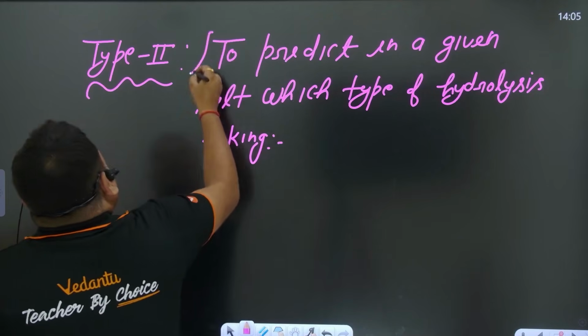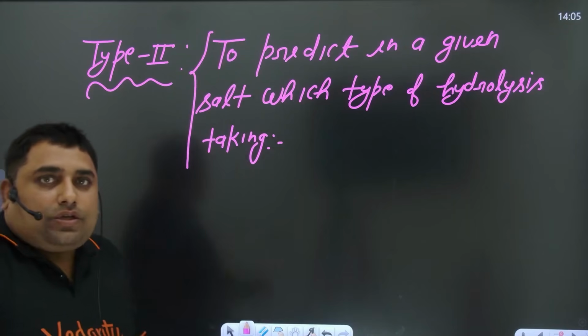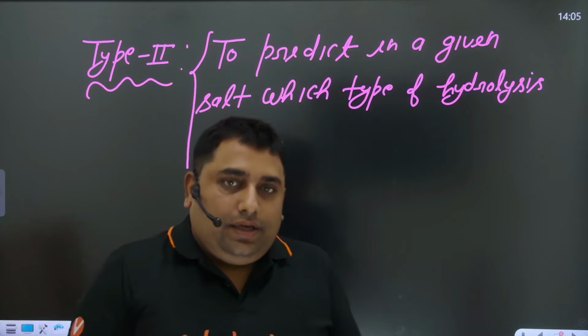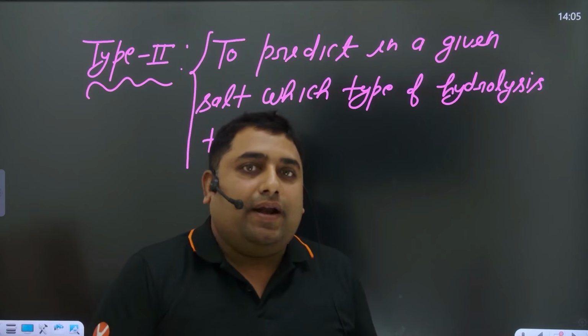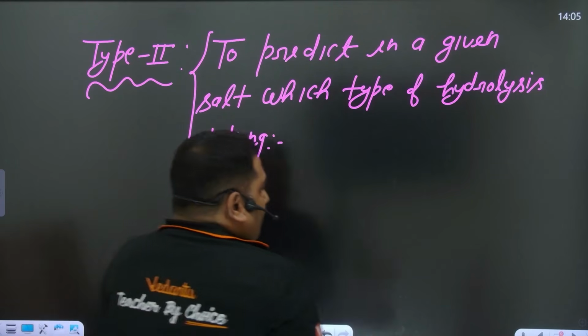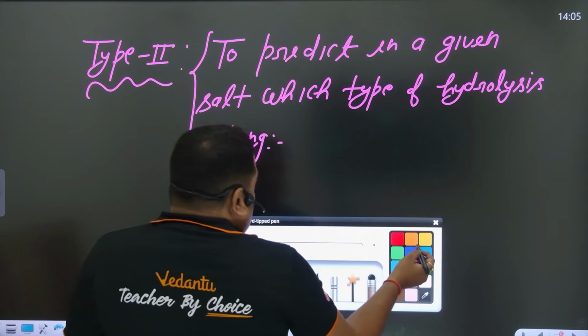So how to answer this type of question? A salt is given and they ask in the given salt which type of hydrolysis is taking place. So see beta, how to answer these types of questions.